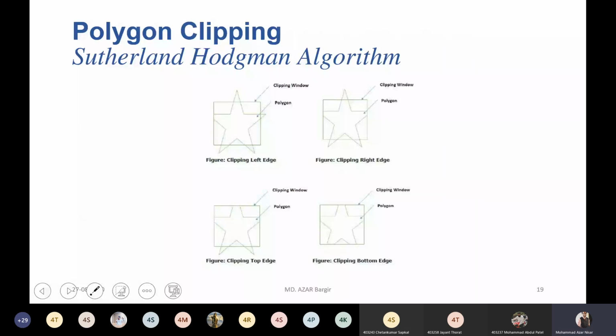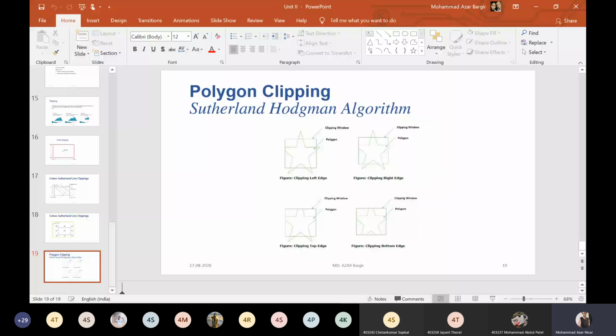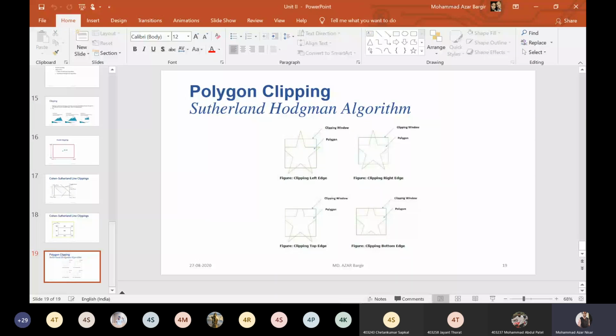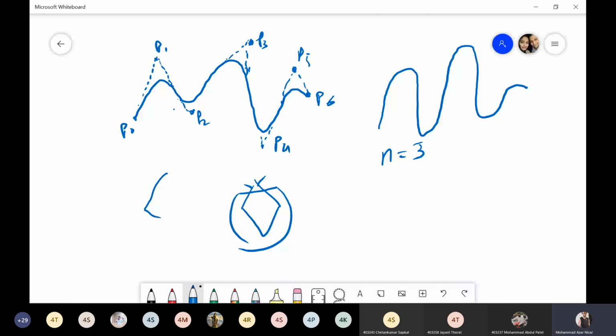We'll see that in the next lecture, I think on Saturday. That will be the last part of your second unit. So the first two units are shorter. In the third unit there will be manual part programming, then various codes.